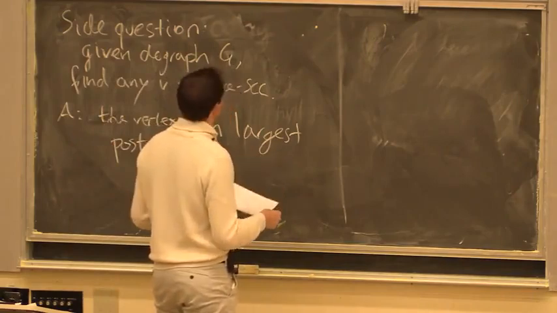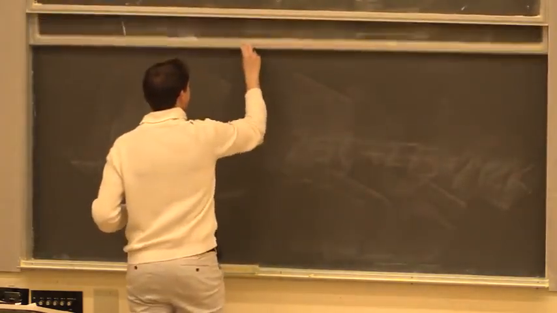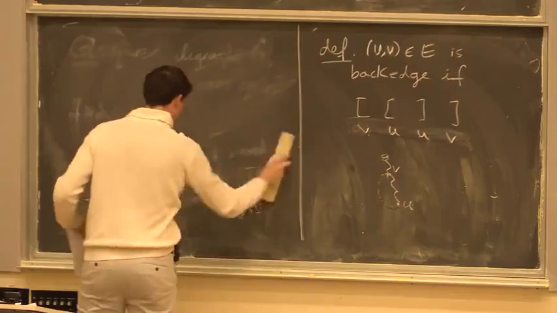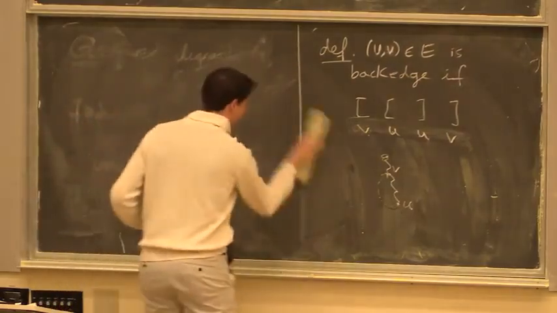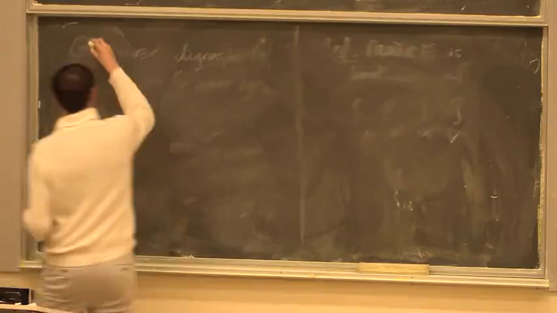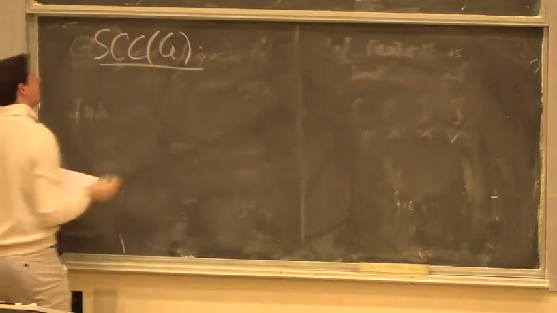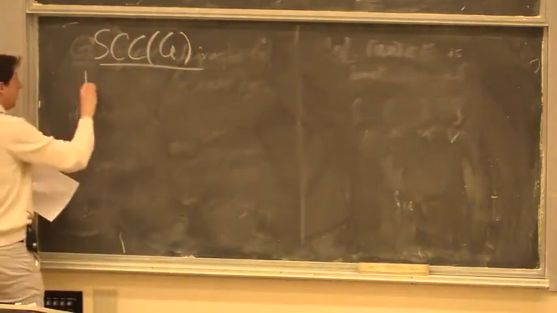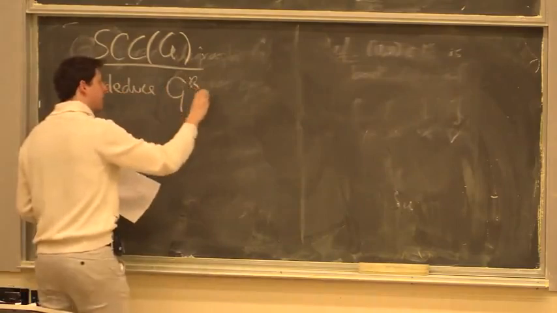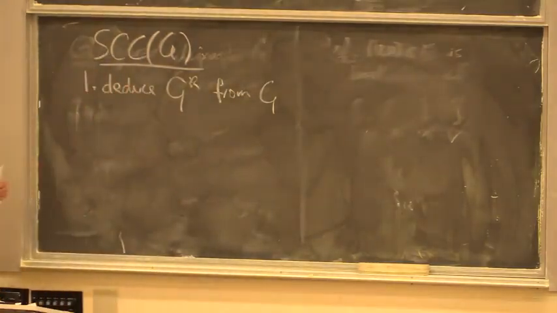I want to write it on a board by itself. So let's call it SCC of G. The first thing we're going to do is deduce G reverse from G. This is an operation, right?